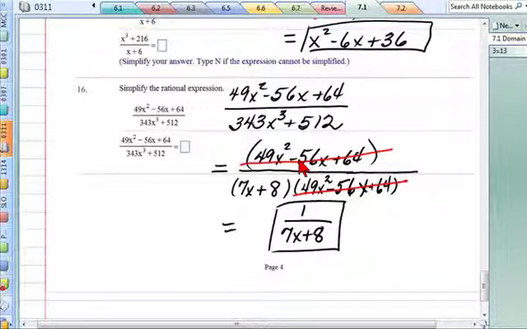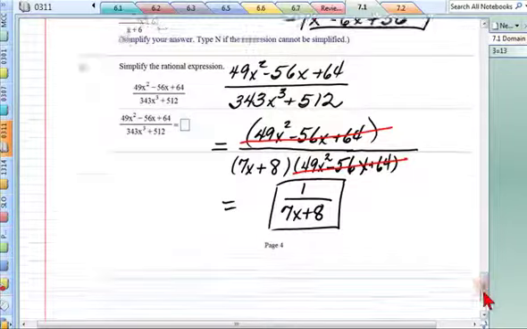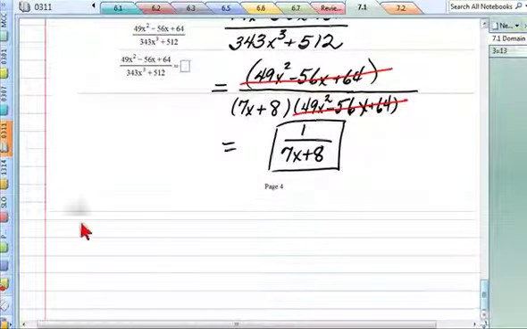Okay. I neglected to include number 17, so I'm just going to write it in.